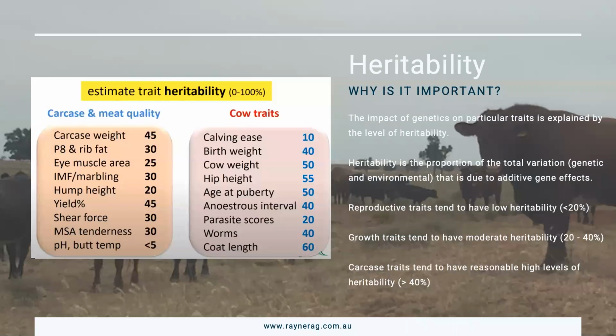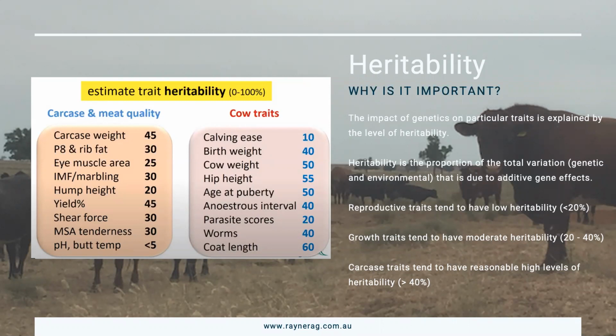When we look at heritability, we talk about it being on a range of 0 to 100%. What we're really looking to account for is that proportion of the variation, the genetic and environmental variation, that is due to those genes being expressed. In practical terms, reproductive rates tend to be fairly lowly heritable.